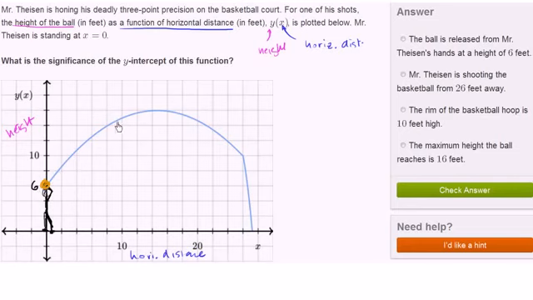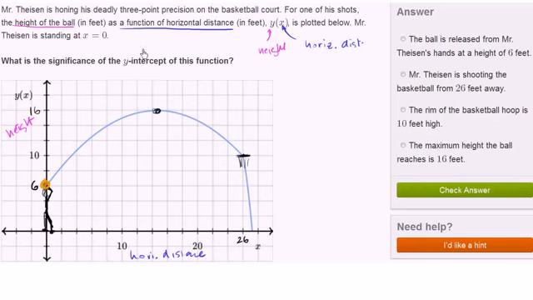It increases. It looks like it hits a maximum point right around there, roughly. That looks like it's at about 16 feet. And then it starts to go down. And right over here, and this looks like it's about 22, 24, 26 feet out, it looks like it hits something. And considering that something is 10 feet high, it's reasonable to assume that the thing that it hits is the goal.